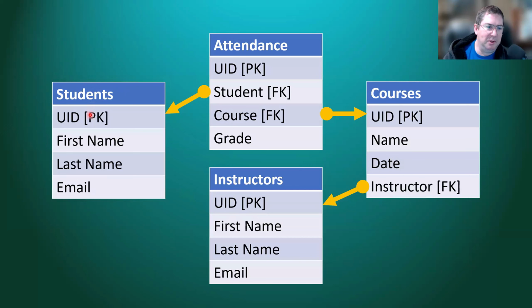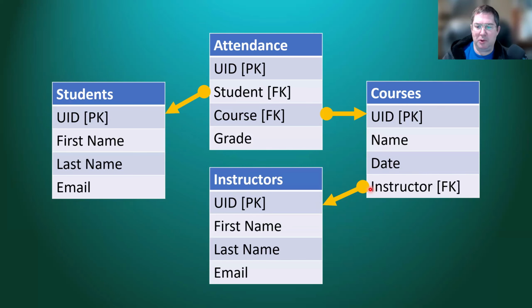We've got the students table with the UID, the unique identifier. PK means primary key, and that's identical to the instructors table. Now, while that may seem like duplication, they do have the same columns and the same style of data, but they have different purposes, so we broke them into 2 different tables.